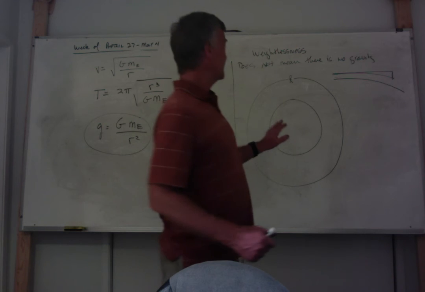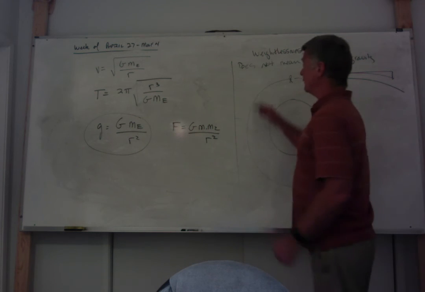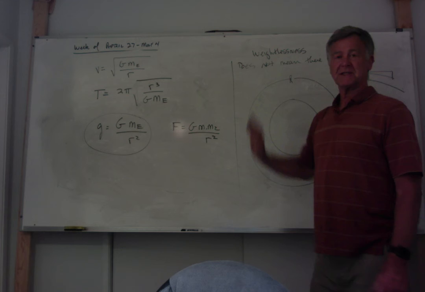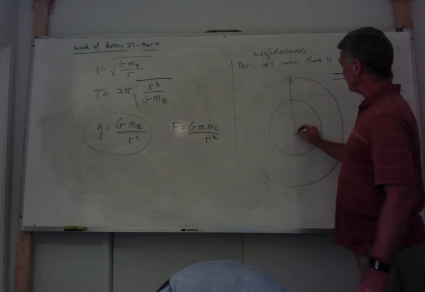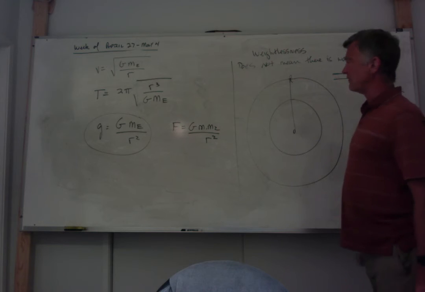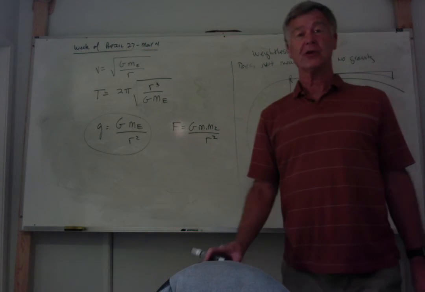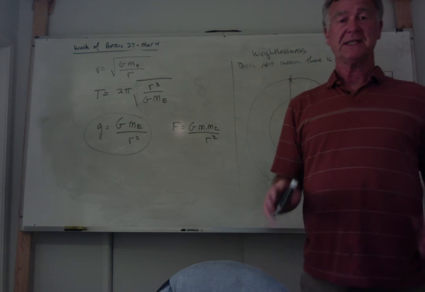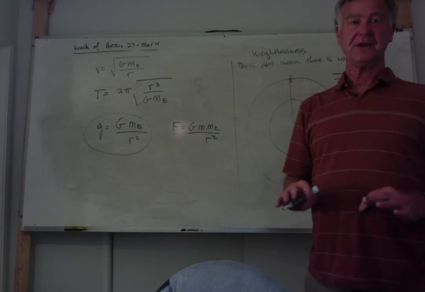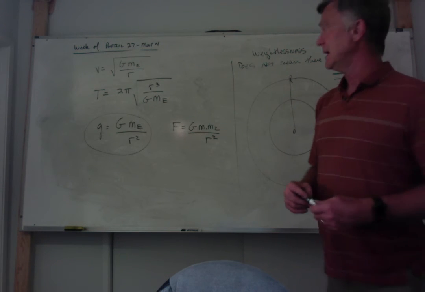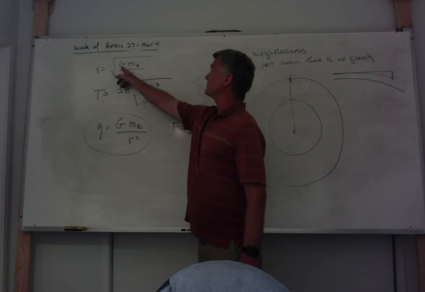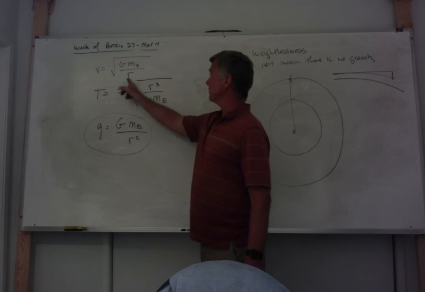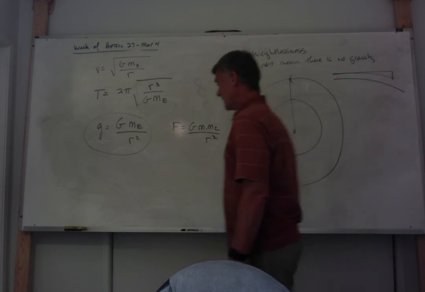So oftentimes people think, oh, there's no gravity out in space. No, there's plenty of gravity. The gravity is the same. If you're twice as far away from the Earth, the gravitational field is 1/4 of what it was before, but it is still a gravitational field. There's still a field there which is pulling you in. This equation implies that there is gravity because we have a gravitational constant, R and ME.